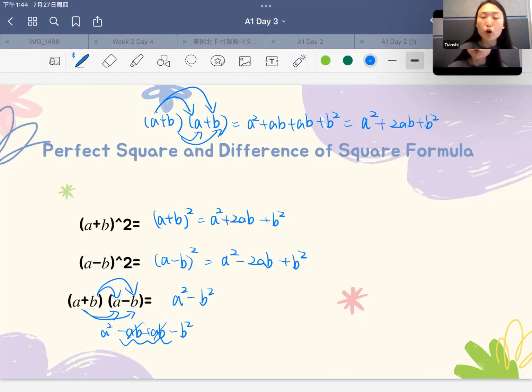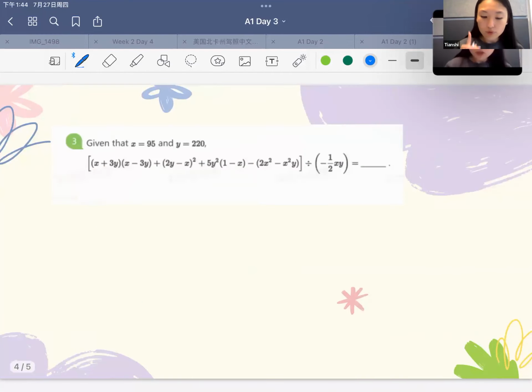And we are going to go over two questions in the practice problems. So for this one, first of all, let's read this question. Given that x equals 95 and y equals 220, we need to get the value of this very complicated polynomial.